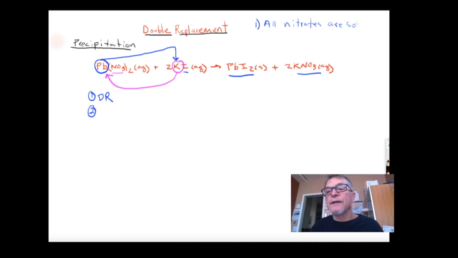So we know that the lead nitrate is a soluble solution.